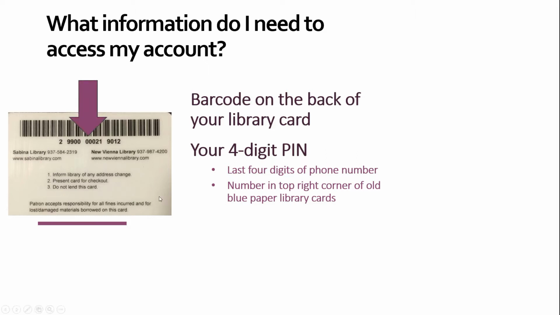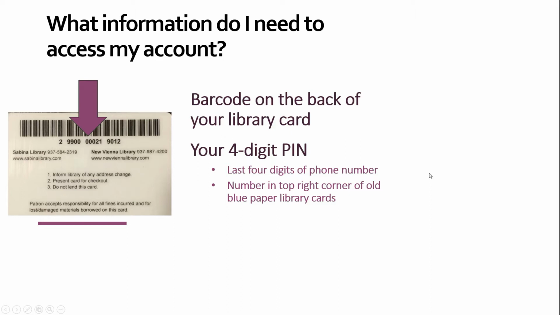Now, I might just mention that if you are having trouble logging into your account using those two pieces of information, you might need to do a little troubleshooting. If you have lost a library card and asked to have that replaced, you were issued a new barcode number, so you do want to use the barcode number that is active on your account.